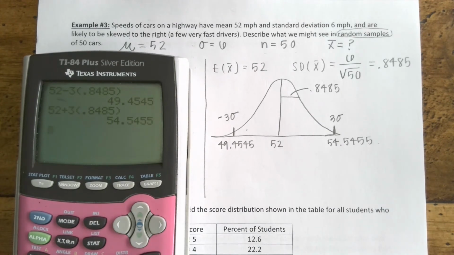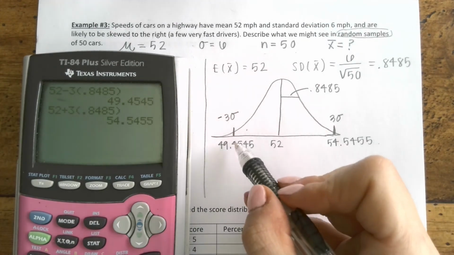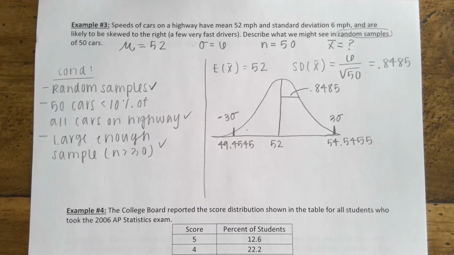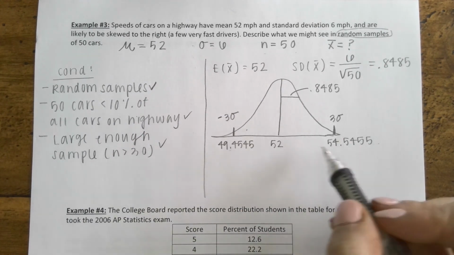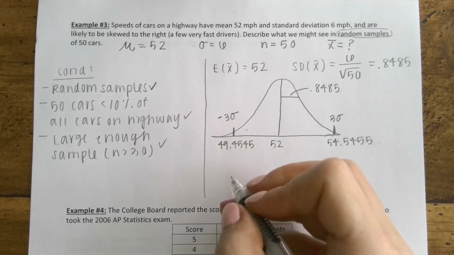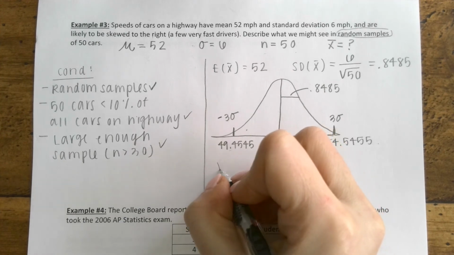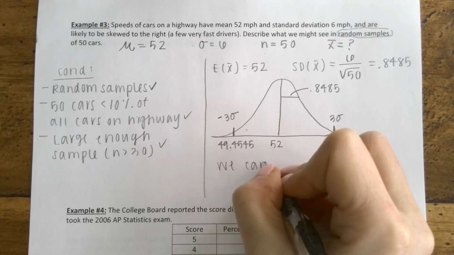Okay, now that I have my 3 standard deviations above and below, I know that most of my samples should have speeds between here.